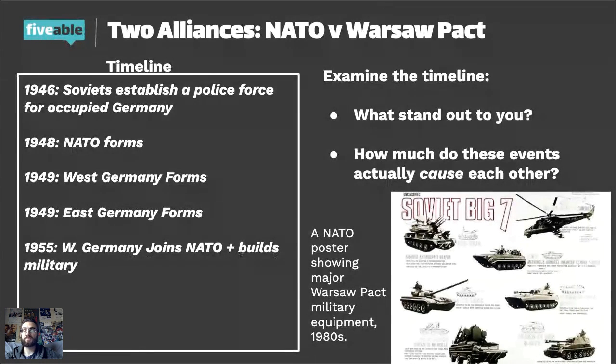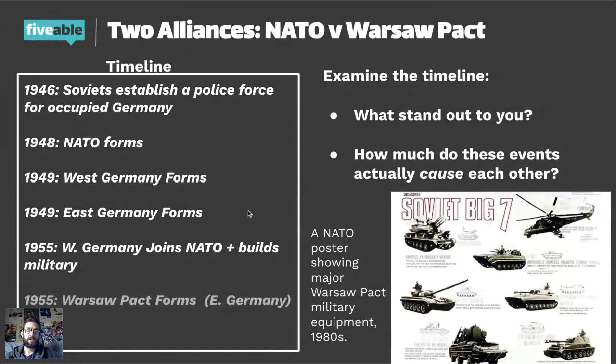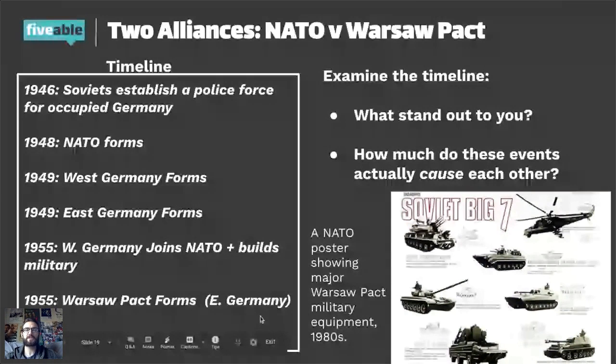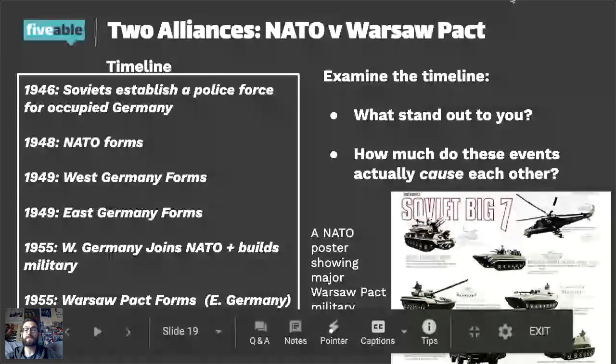So Germany is building a military. A little bit later that year, only about a month afterwards, the Warsaw Pact is created, and it includes East Germany. But East Germany doesn't actually have a military yet. And so later in 1955 or 1956, East Germany then begins to build its military.